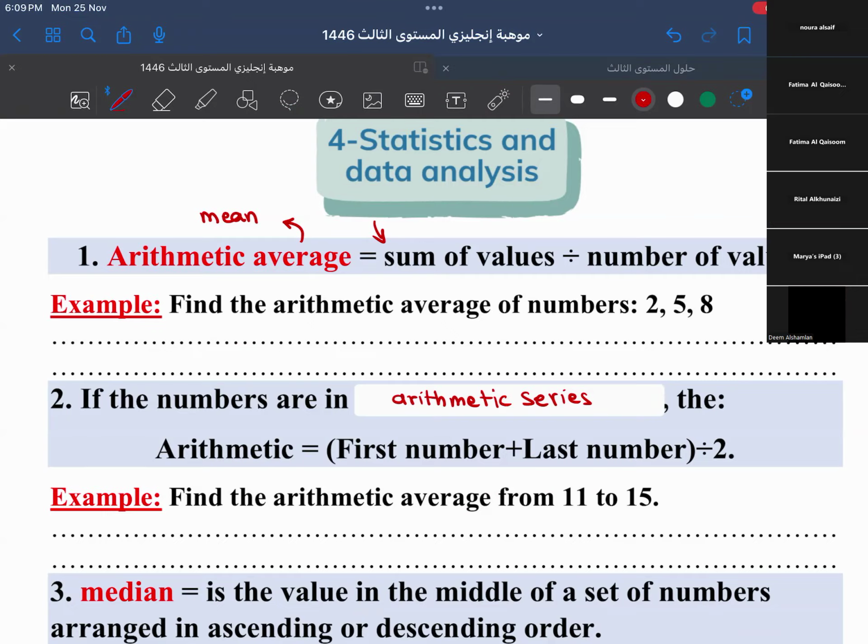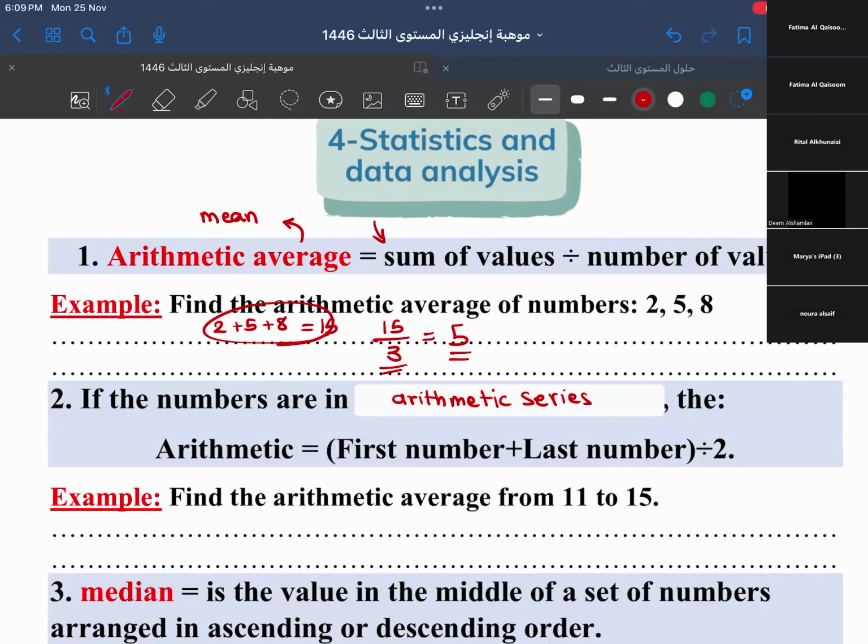Okay, yalla Noura. So we add the numbers, so it's 2 plus 5 plus 8, which is 15, and then we divide 15 by 3, which is the amount of numbers, and that would be 5. Exactly. We added them all together and divided by the number of the values. So this is basically the average or the mean, they call it.